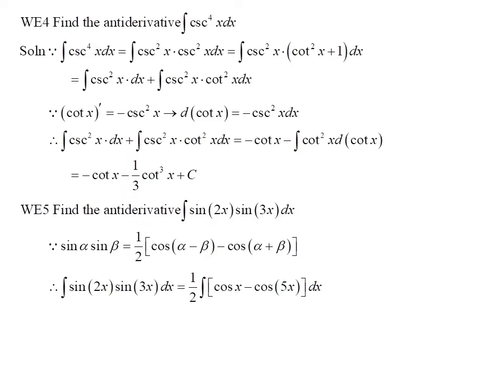Hence the antiderivative equals 1 over 2 times the integral of (cos x minus cos 5x) dx, which equals sine x over 2 minus sine 5x over 10 plus c, after the anti-differentiation being performed.